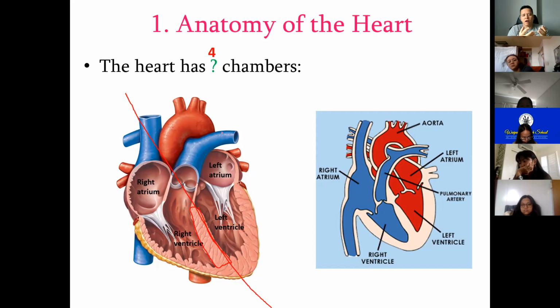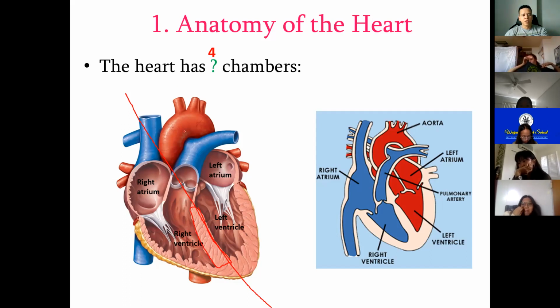So you might have a heart in front of you that is by itself, not in the body, not in the chest, and you might have a lateral view, or a posterior view of the heart. So then how are you going to determine what is right and what is left? Well, you're going to be looking for the apex, okay?